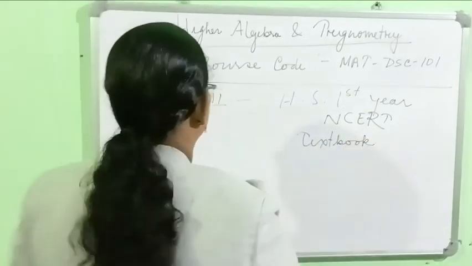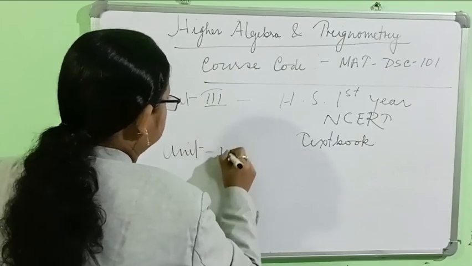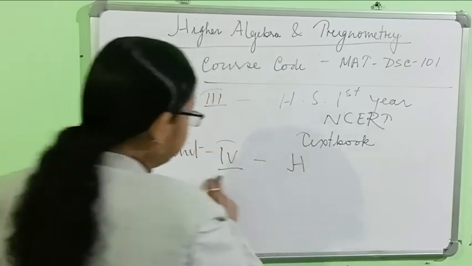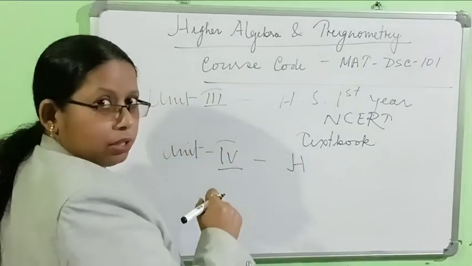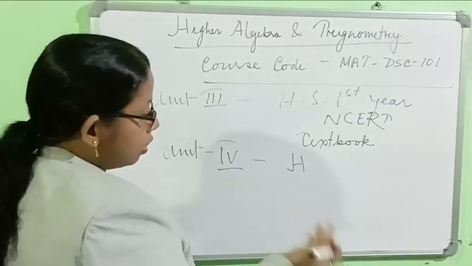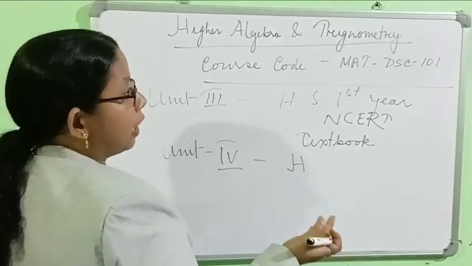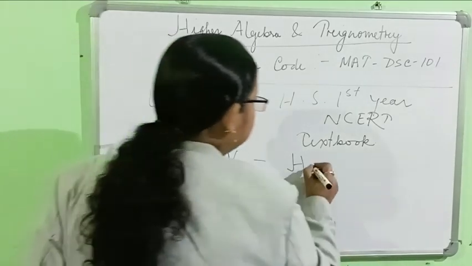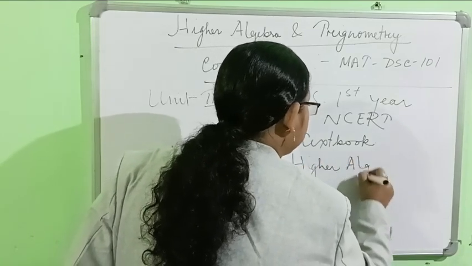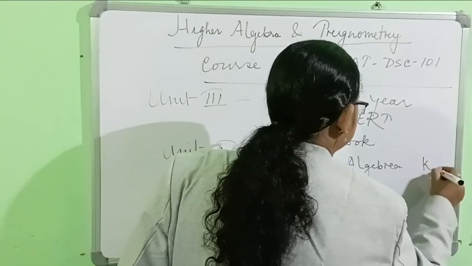Then unit 4, you will find higher algebra, that is theory of equation, that is relations between root and coefficient, symmetric roots, solution of third degree equations, Cardan method, and Descartes rule of sign, that you will find in Higher Algebra by Khanna.